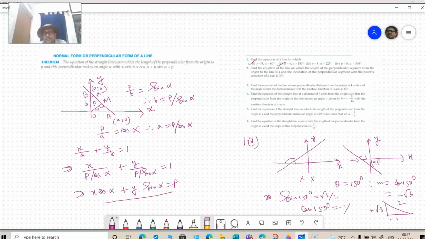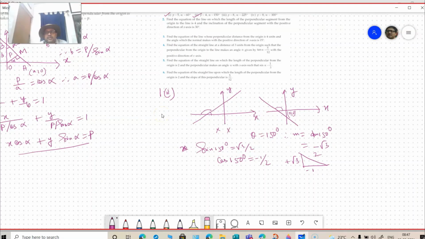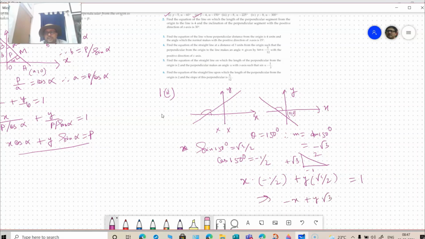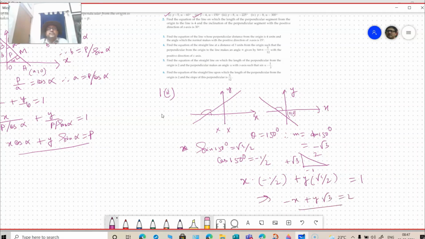Cos 150 degree equal to minus half. So the equation is going to be x cos alpha, x into minus half plus y into root 3 by 2 equal to 1. This implies minus x plus y root 3 equal to 2.